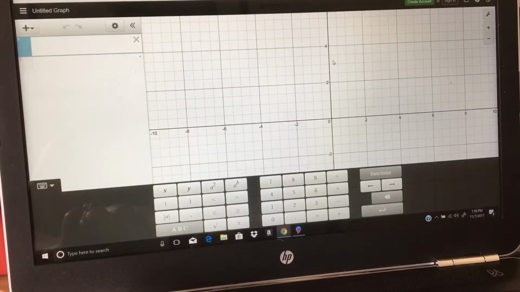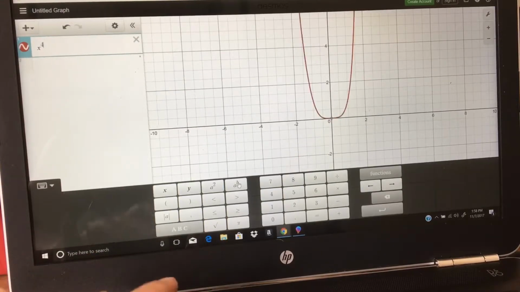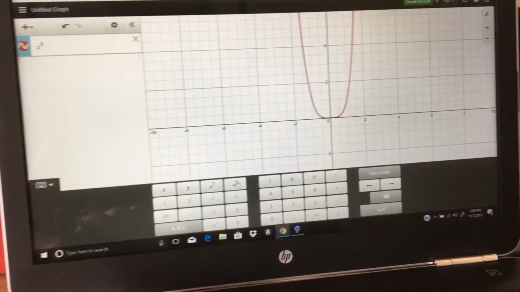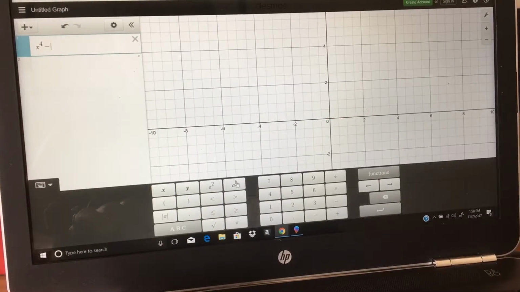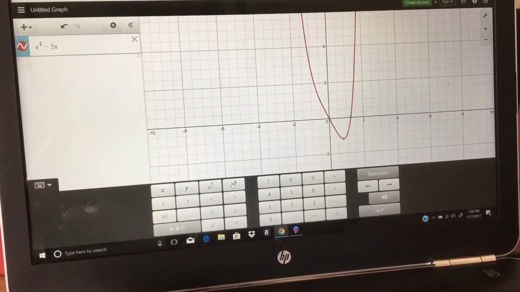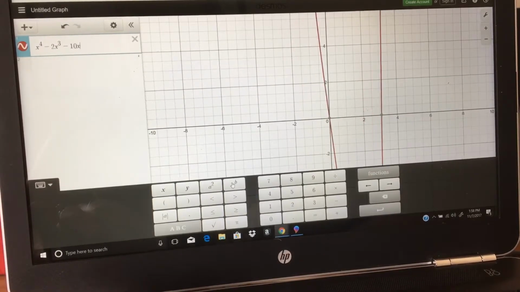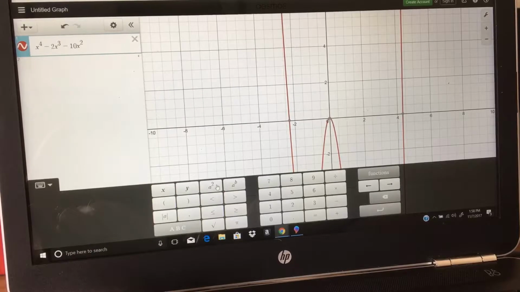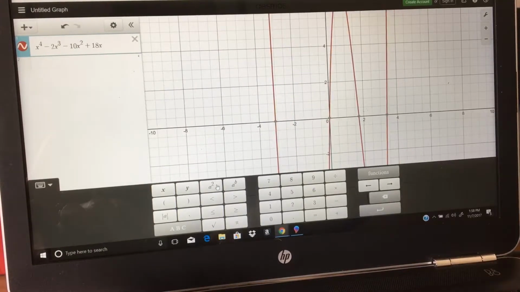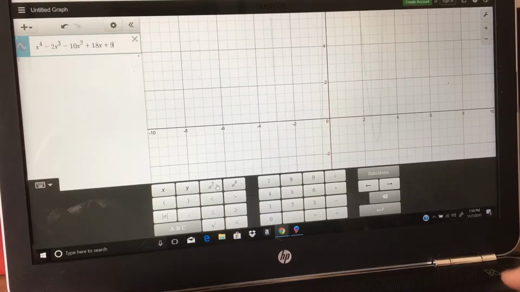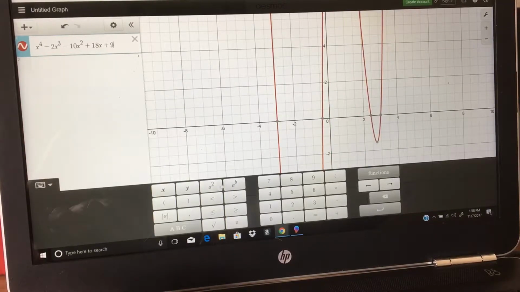So we're going to have x to the fourth, minus 2x cubed, minus 10x squared, plus 18x, plus 9. Okay, so here is our equation.